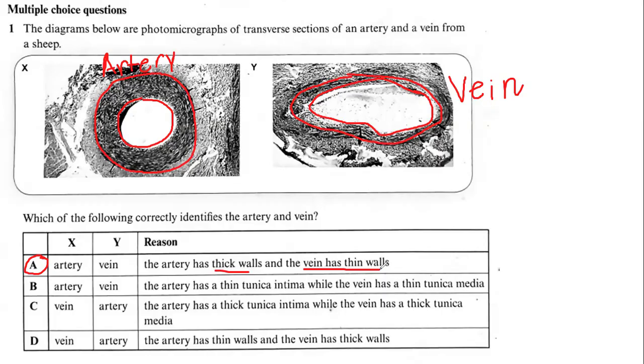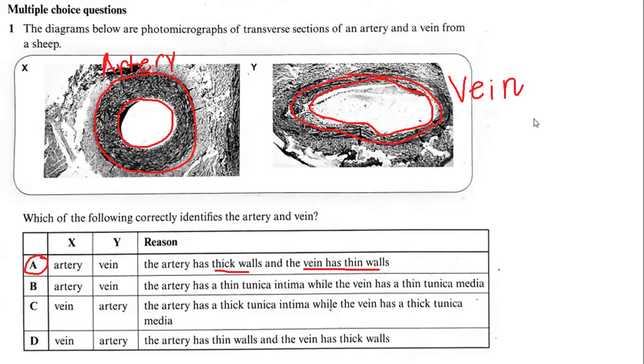What other things could we use to distinguish between arteries and veins besides wall thickness and size of the lumen? Veins have valves, whereas arteries do not have valves. Very good. Anything else? Functionally, what do we know about the function of the artery versus the vein? Arteries carry blood away from the heart. Very good.